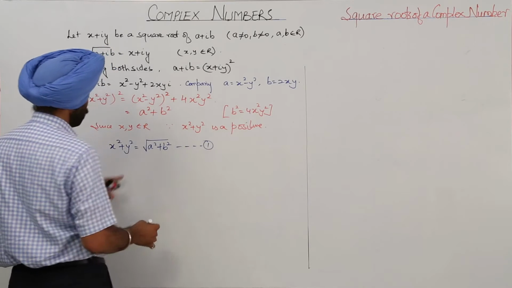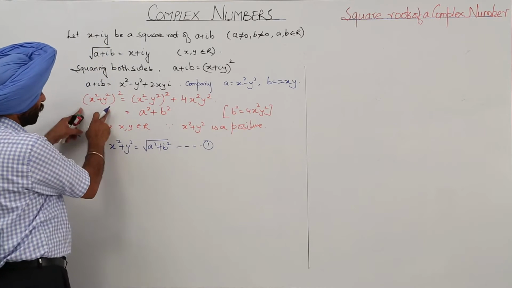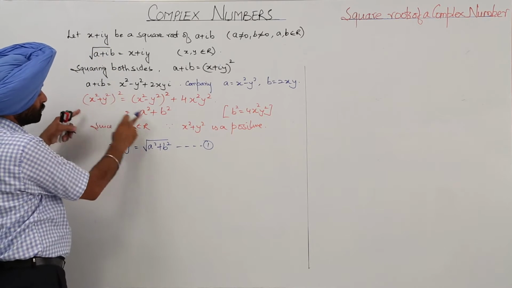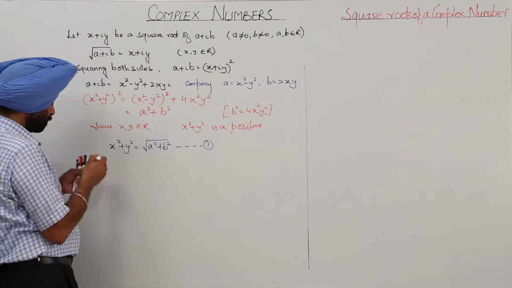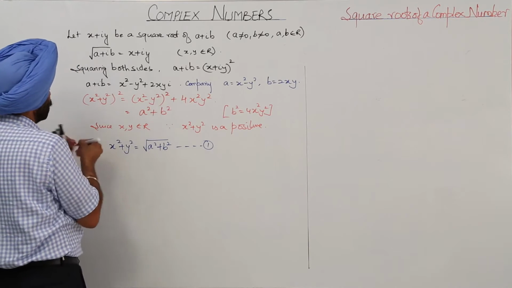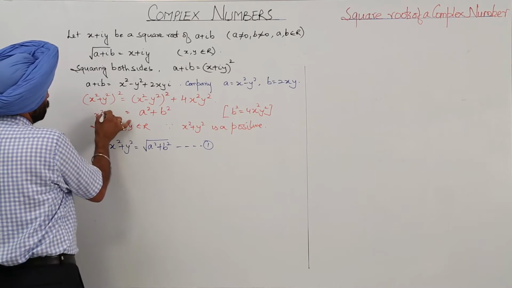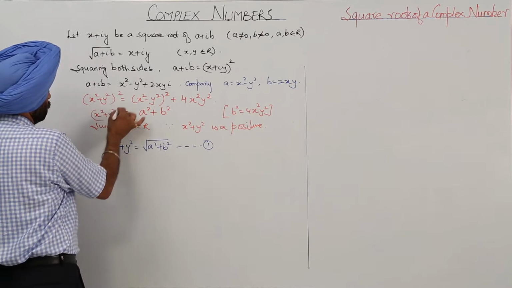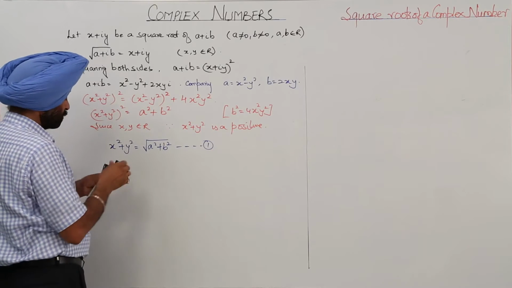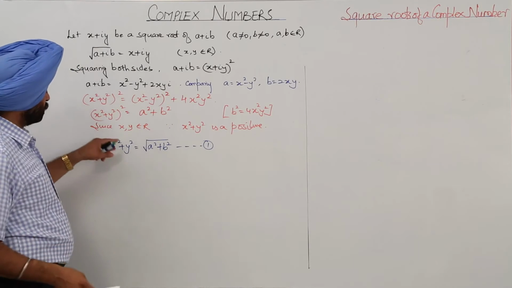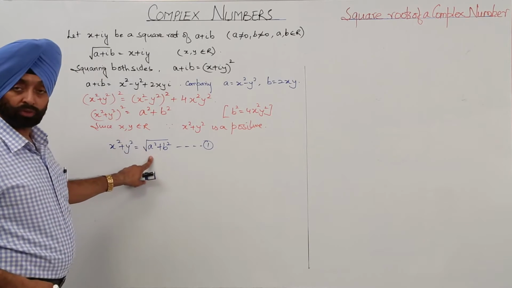Let it be 1. Now, from where are we getting this one? From this part. x square plus y square whole square is what? a square plus b square. Okay. I can just write it again. x square plus y square whole square is equal to a square plus b square, and x square plus y square becomes the square root of a square plus b square.